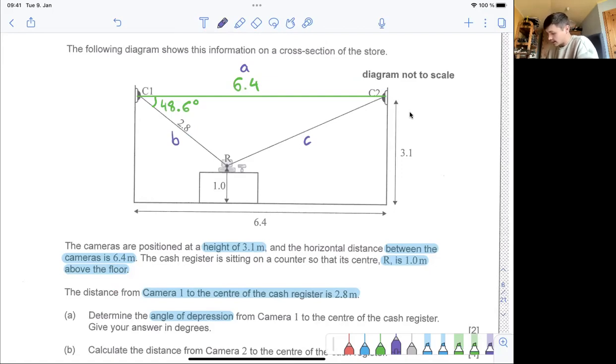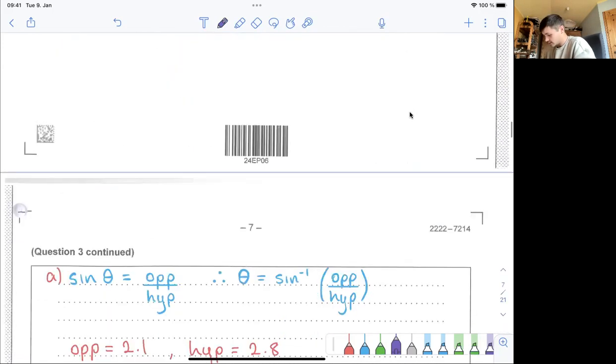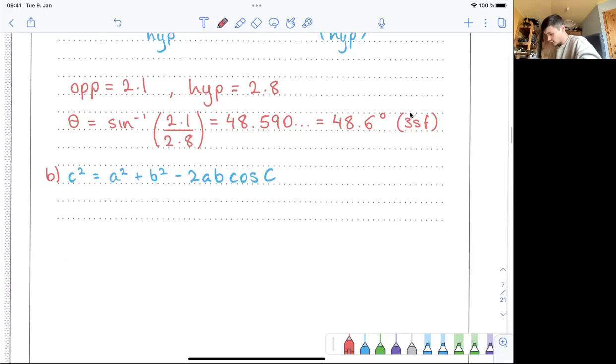And then our angle here is going to be equal to capital C in the formula, right? So if we bring that down, we're going to say that a is equal to 6.4, b is equal to 2.8, and C is going to be equal.